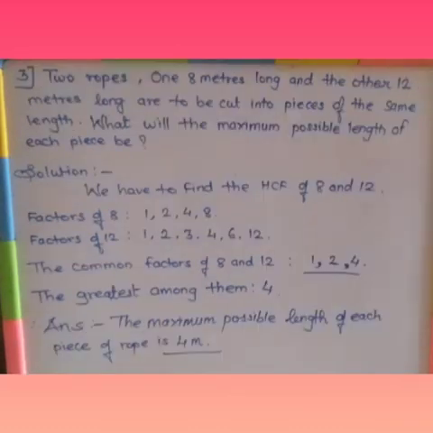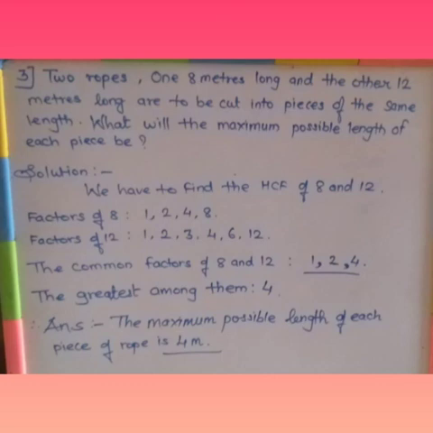Third question. Two ropes, one 8 meters long and the other 12 meters long, are to be cut into pieces of the same length. What will be the maximum possible length of each piece? Solution: we have to find the HCF of 8 and 12.